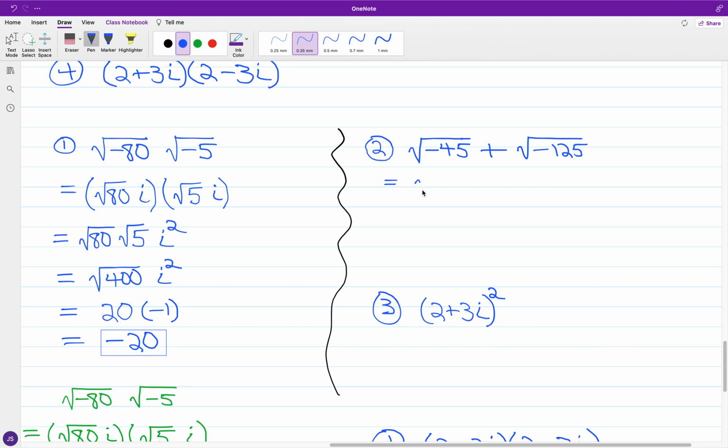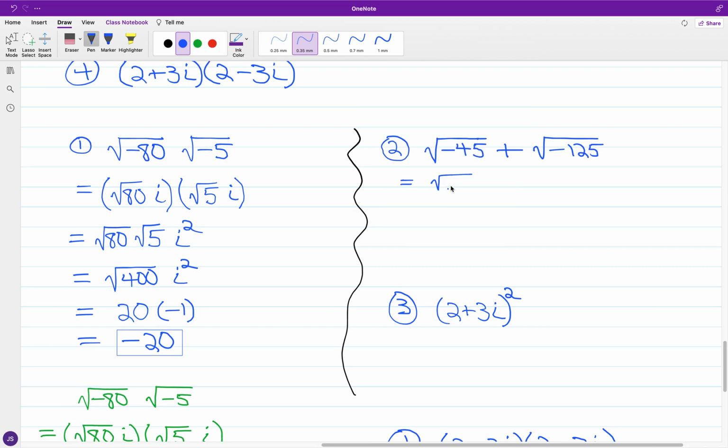And now if I re-express in terms of the variable i, we have the square root of 45 times i, and the square root of 125 times i. So we have dissimilar numbers, and just upon first glance it looks as if you might not be able to add them together.